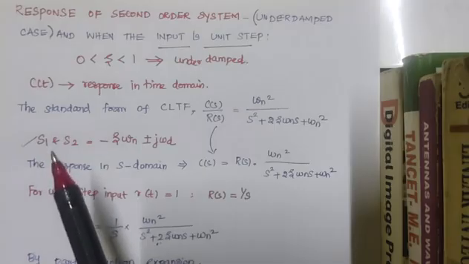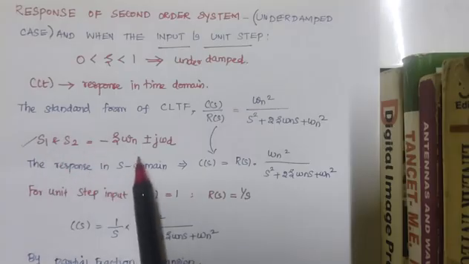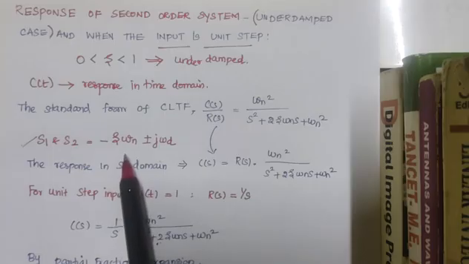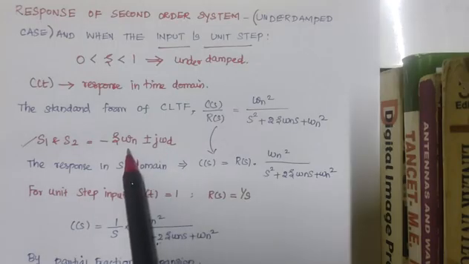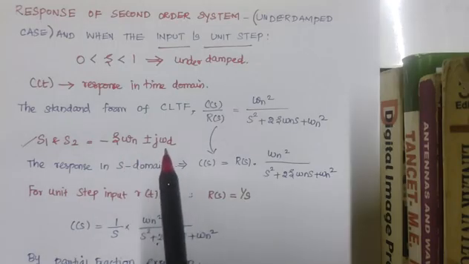Because this is a second order system, there are two roots. In this underdamped case, the roots are complex conjugate. Omega n is the natural frequency, omega d is the damped frequency of oscillation.